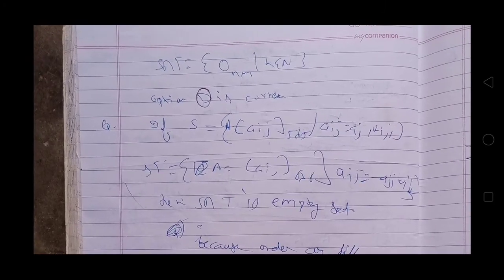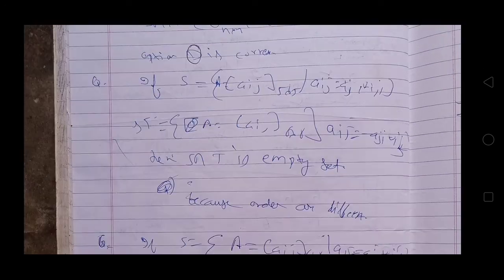You can clearly see S intersection T will be the collection of zero matrices of order n cross n where n belongs to natural numbers. So option D is correct because it will be the collection of zero matrices of order 1 cross 1, order 2 cross 2, order 3 cross 3, and so on.